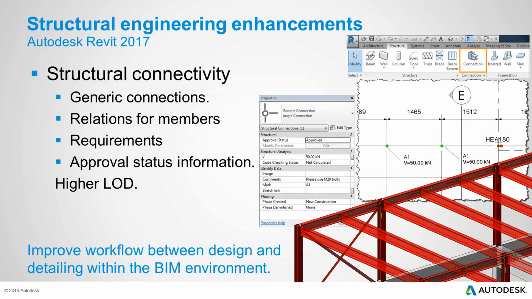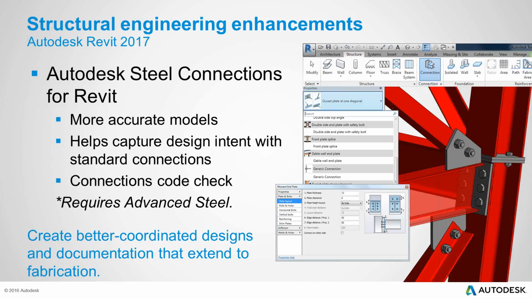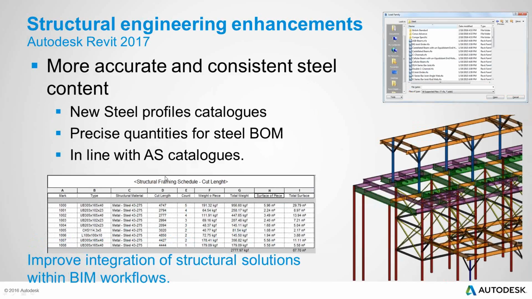There's a much greater level of detail in the connectivity of structural elements, and again, this ties in with the fact that the Advanced Steel product is being more incorporated into Revit. As I mentioned before, if you do have Advanced Steel, then you will have access to these more detailed connector families and be able to place them into the model.